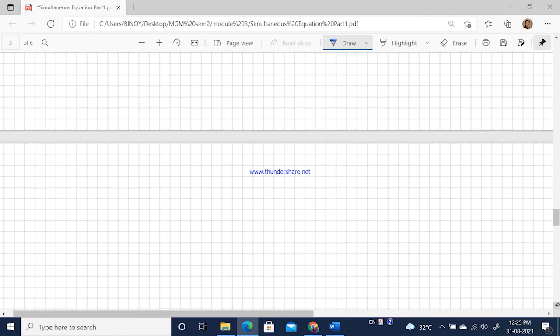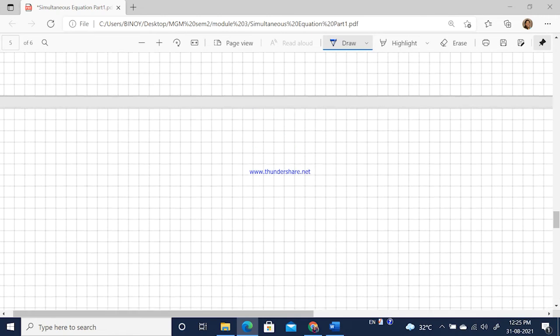Now, moving on to the third condition, that is infinitely many solutions. So, consider the expression x plus y is equal to 3, and the second one 3x plus 2y is equal to 6.